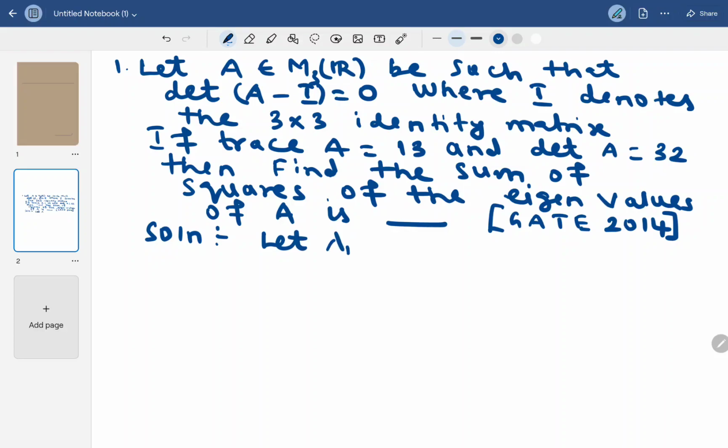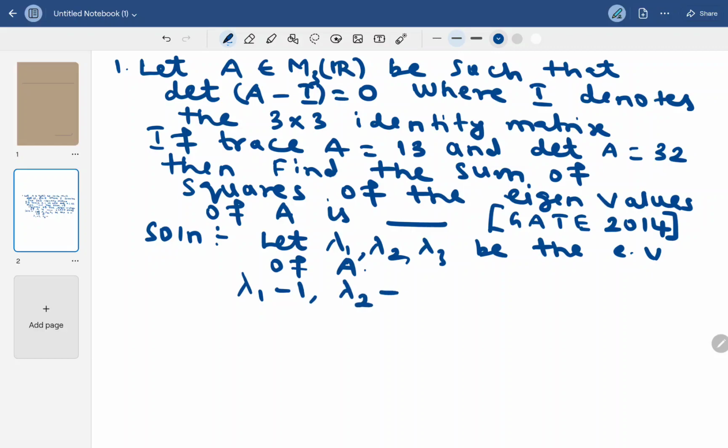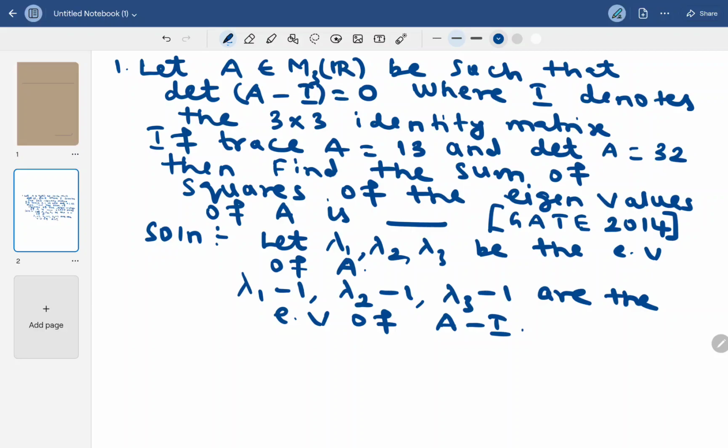Let lambda 1, lambda 2, lambda 3 be the eigenvalues of A. Then lambda 1 minus 1, lambda 2 minus 1, lambda 3 minus 1 are the eigenvalues of A minus I. This is a well-known result.